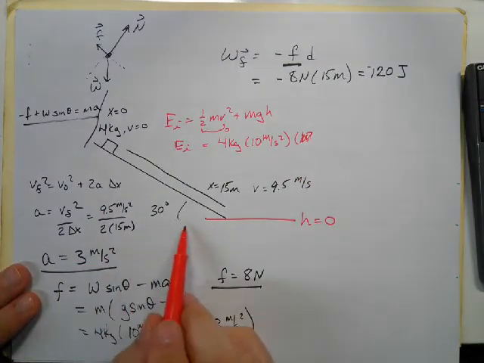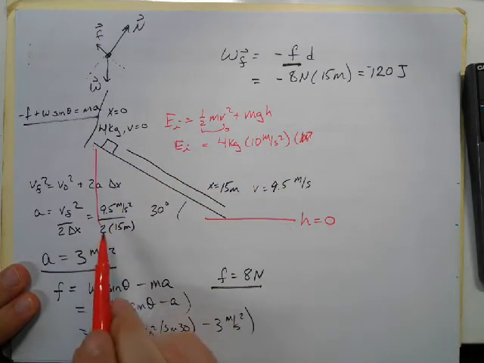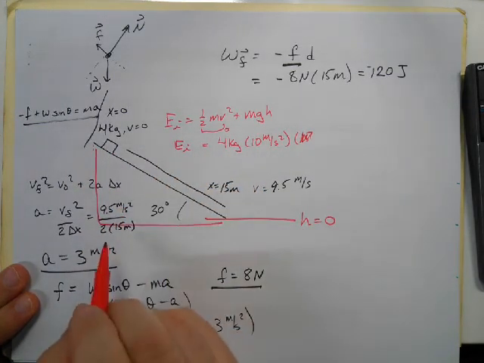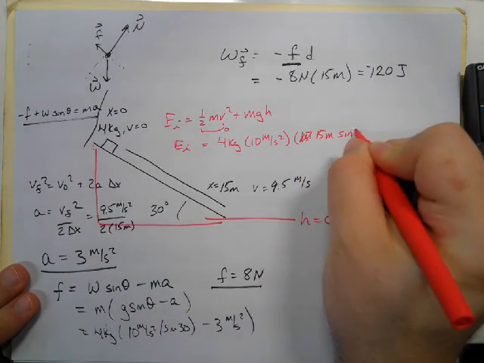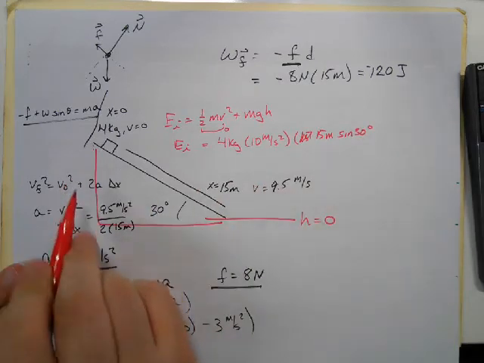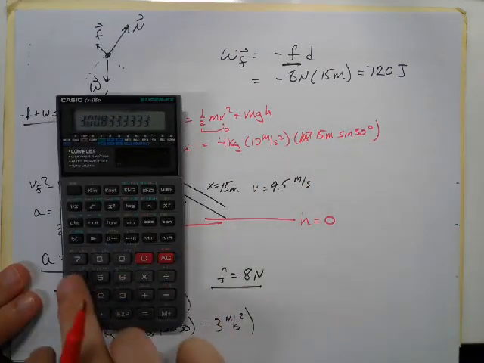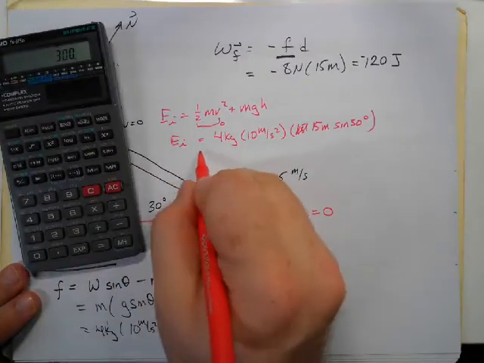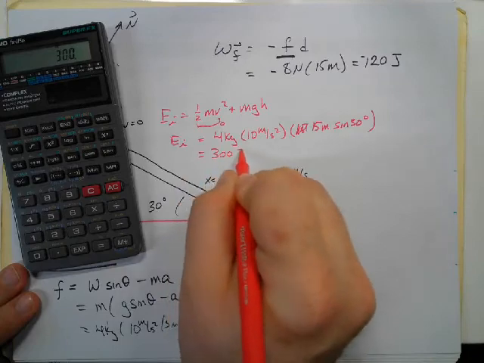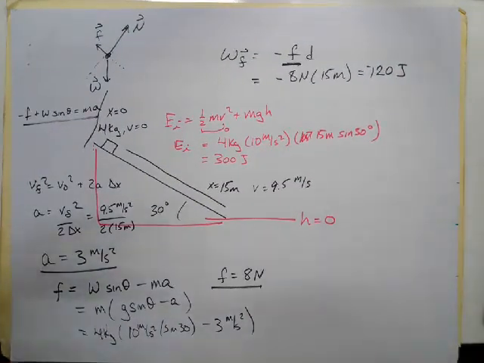There's an angle of 30 degrees in here, so what we want is the vertical height. So it's going to be 15 meters times sine of 30 degrees, that vertical component. Well, that's just 7.5. So we'll have 40 times 7.5, which is 300 joules.